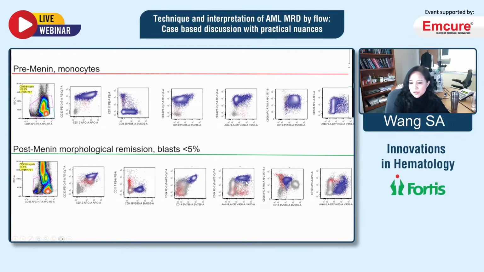Now they all have HLA-DR. So the CD15 is decreased, right? This is granulocytes in the background, and the CD123 is also decreased. We have some plasmacytoid dendritic cells or non-classic monocytes with a little bit higher CD123 as internal control. The monocytes look very well behaved, very normal.